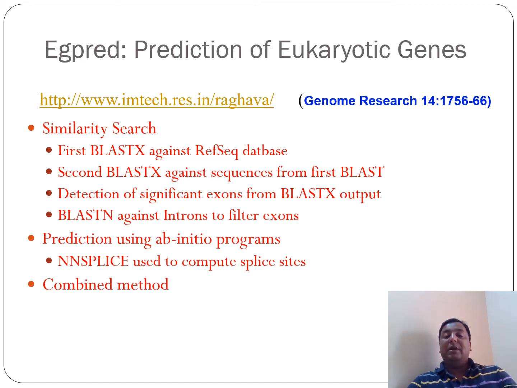You have to do it, and for the predictions you use the ab initio programs. This EGPRED program is based on the ab initio methods, right? And one more add-on in this program is called NNSplice, used to identify the splice sites and compute the splice sites for the introns, and combined methods.